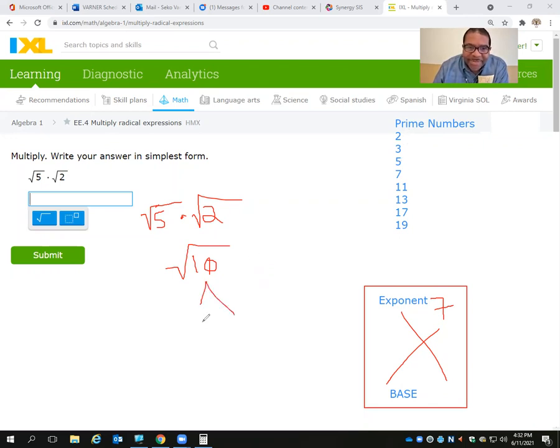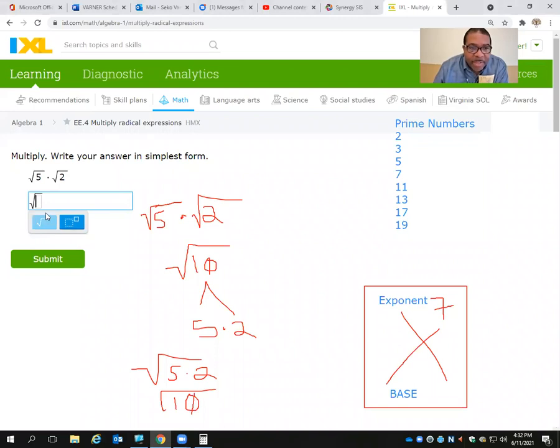So if I break it up, it's actually 5 times 2, or 10. So the answer is pretty much the square root of 10. That's going to be the simplest form. All right, submit it. Fantastic.